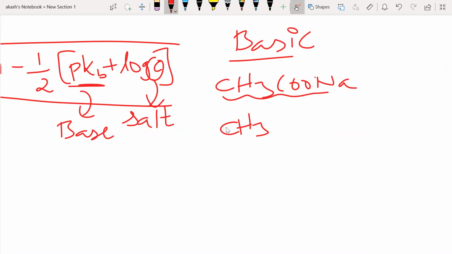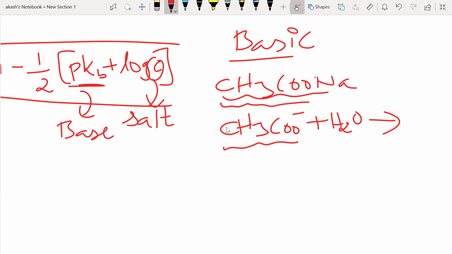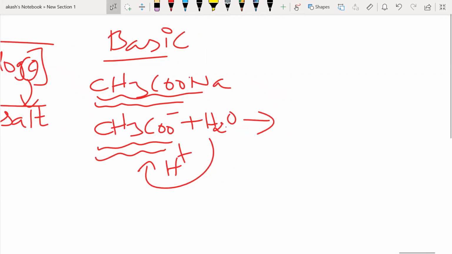So it will be CH3COO- plus H2O. CH3COOH would have been the acid, so CH3COO- is the conjugate base of CH3COOH. Basically this is going to act as a base. It is going to accept H+ from water.